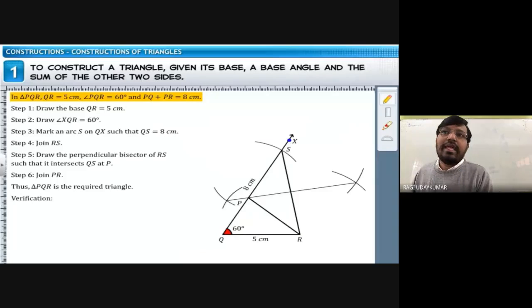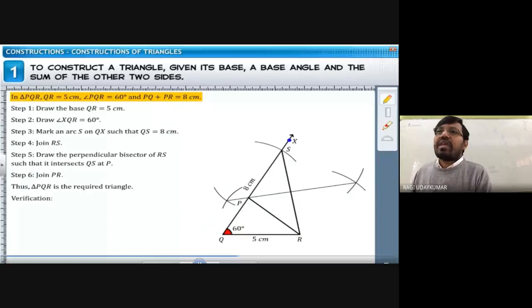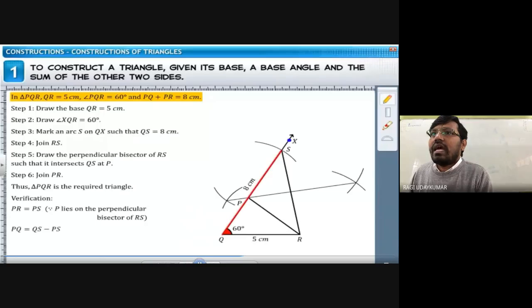How is it right? Let us see. You know that normally these two sides are equal. Why? Because PR and PS are equal. P lies on the perpendicular bisector.